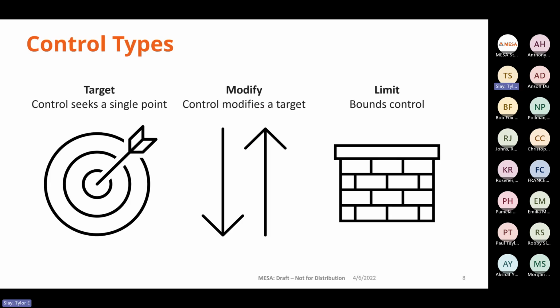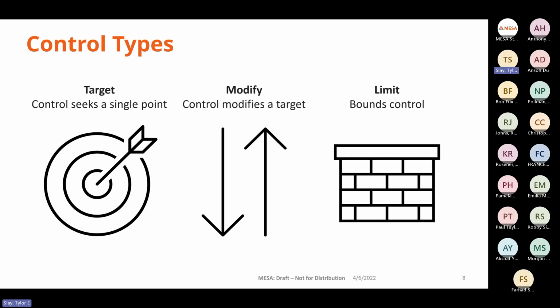Now, control types can fall into 3 main categories. You have a target. Your control is trying to get to a point. If it's a charge and discharge, you want to charge at 7 kilowatts or 7 megawatts, that is your target. You have modified controls. These controls seek to modify a previous target or just the existing power set point from whatever is currently available.